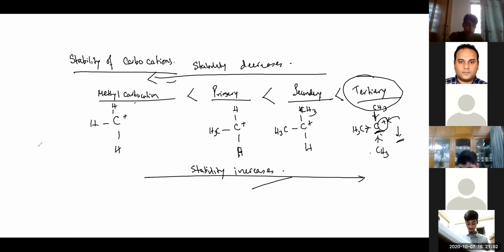Secondary alcohol ke if we oxidize we get ketone, but tertiary alcohol cannot be oxidized at all. No matter how much heat or how concentrated the reagents you give, you cannot oxidize tertiary alcohol because of stability.